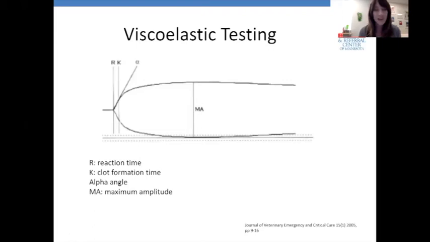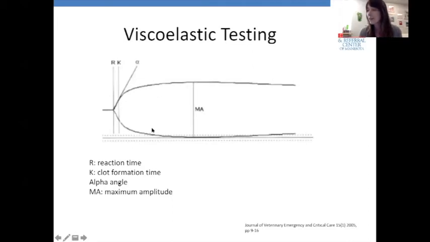The second value that we're going to see on a printout with an actual number is this K value, and it's on the graph. It's this value right here, and the K value is the clot formation time. It shows us the distance between the end of the R value and the point where these two lines begin to separate.